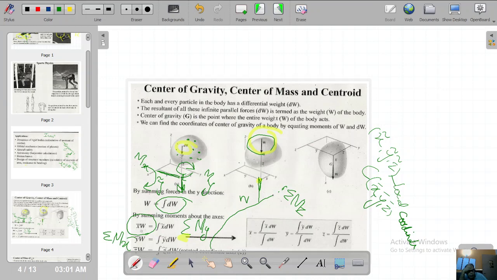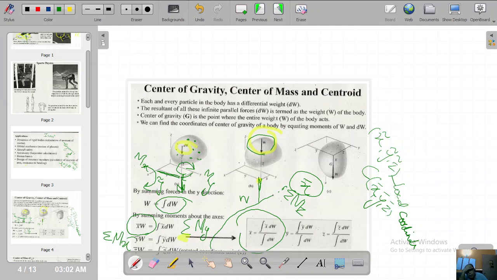So here, I told you, we are always interested in calculating the x bar of the body. Since we are calculating x bar of the body, if we divide by this integral of dw, we will get x bar, and this is the formula: x bar equals the integral of x tilde dw over the integral of dw, which will give you the centroid of this arbitrary shaped body.